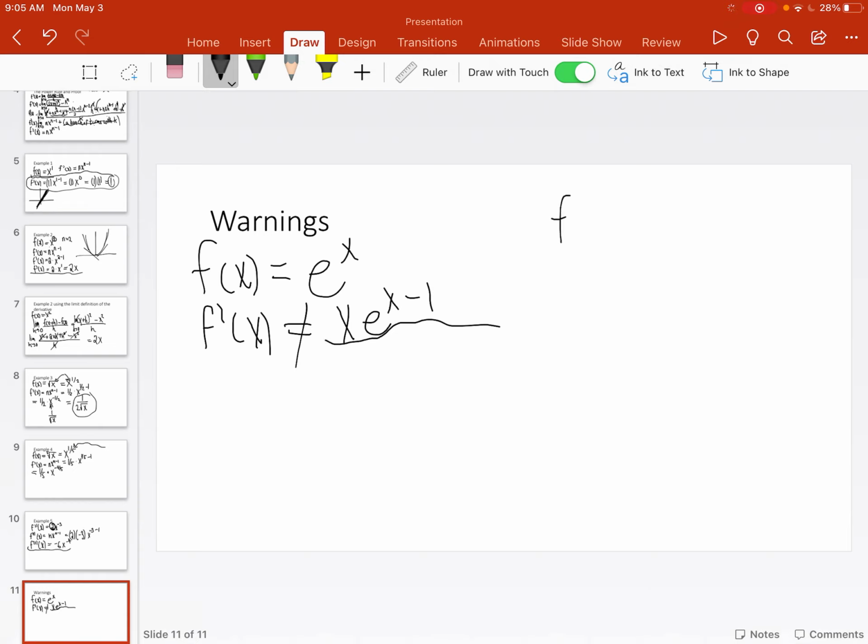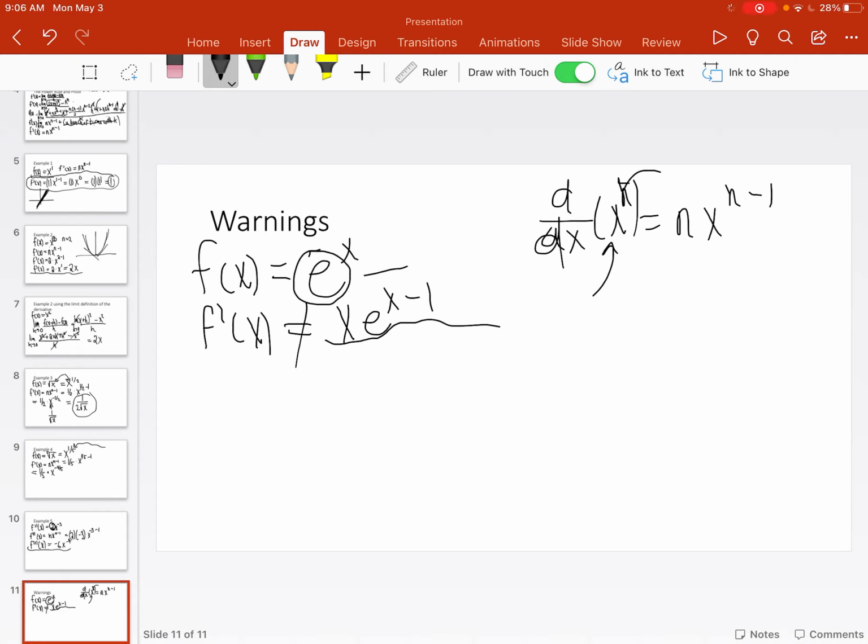The power rule, rewriting the power rule, say this is the power rule, n x to the n minus 1. Recall that n is a constant, x is a variable.